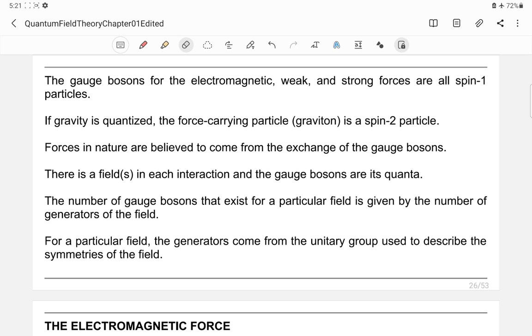The number of gauge bosons that exist in a particular field is given by the number of generators of the field, and we will study this in the following chapters. For a particular field, the generators come from the unitary group used to describe the symmetries of the field. Again, this will be tackled more in the next chapters.